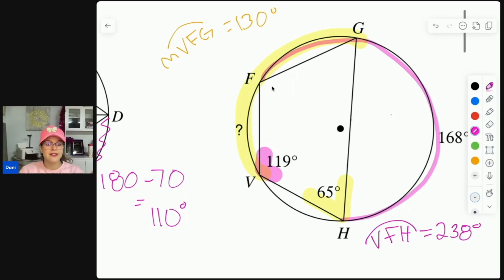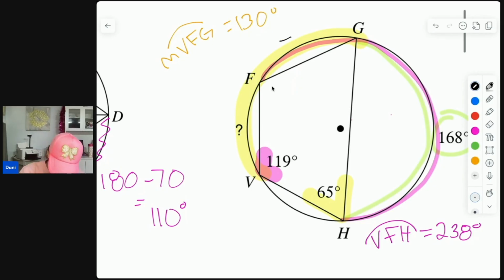All right, we've got some overlappingness here, right? So it gave us that arc GH was 168 degrees. And it's overlapping with that 238. So to find that missing FG arc, I'm going to subtract the 2. So we're going to take 238 and subtract 168 from it.